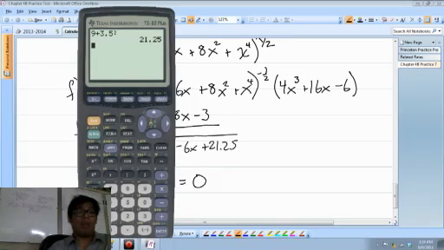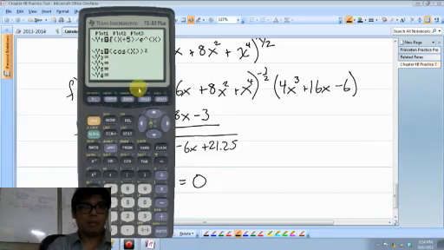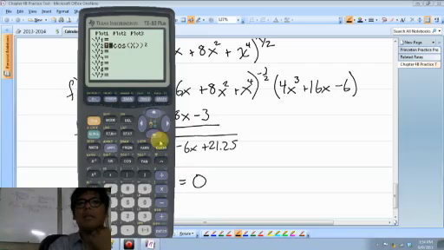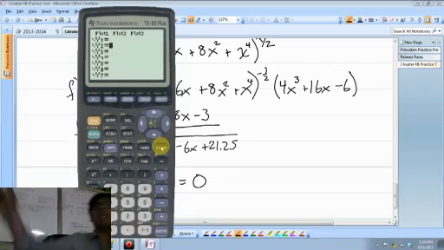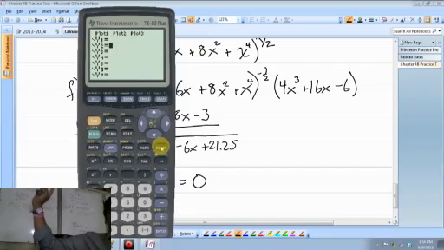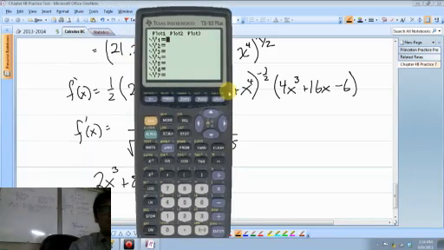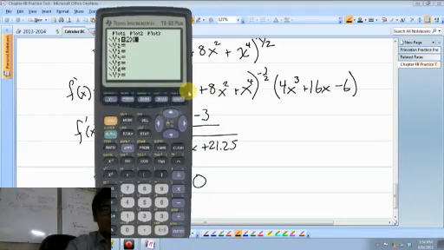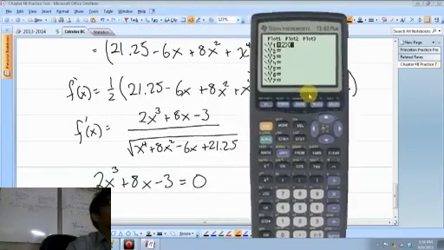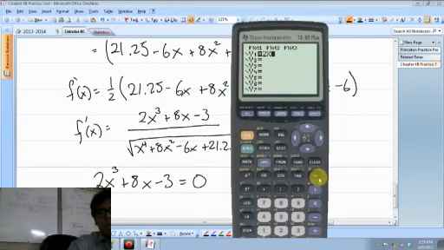You can't do this without the calculator. 2x cubed plus 8x, we got 0 there.